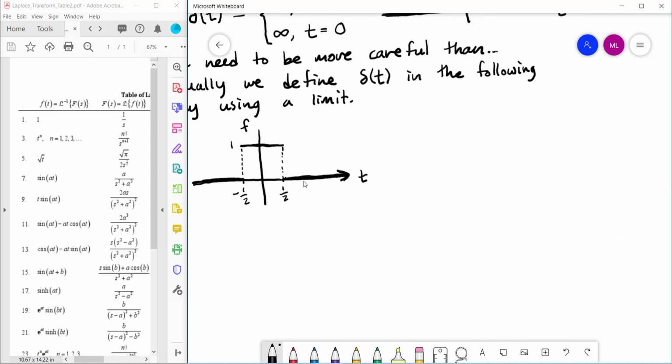And what I want to do is start to squeeze in the width of this while preserving the fact that I want it to integrate to 1. To make that happen, as I squeeze it inward, we're going to have to raise the height upward. So the next picture would look like this. Again, here's t and here's our f.